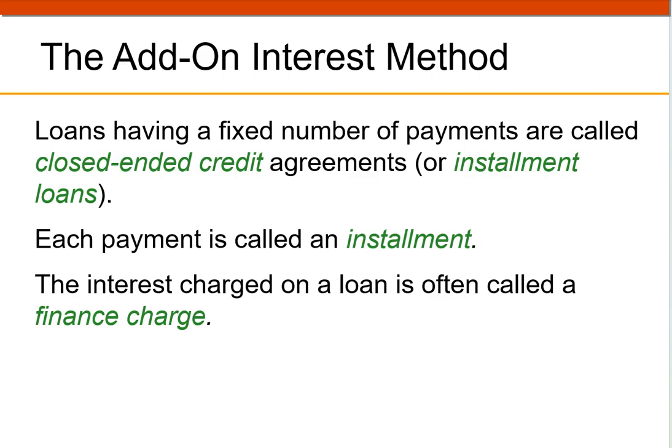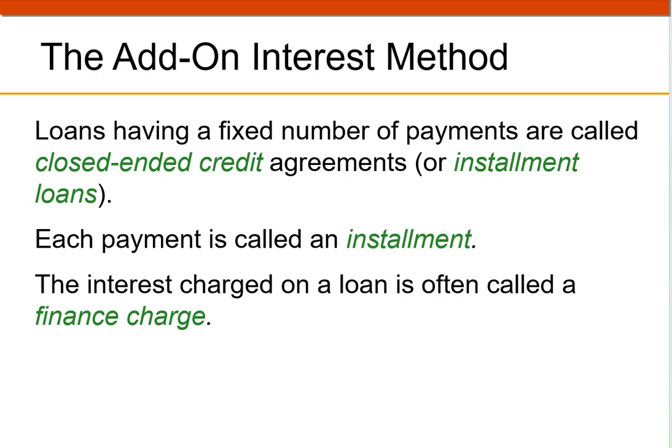First thing we're going to look at is the add-on interest method. And this is pretty standard, I think, for when you buy a car. Anyway, loans having a fixed number of payments are called closed-ended credit, also known as an installment loan.